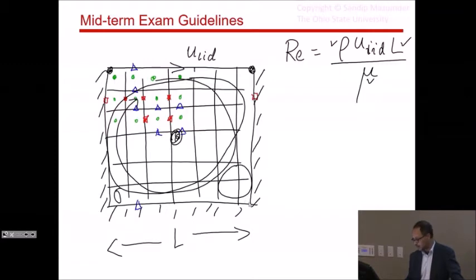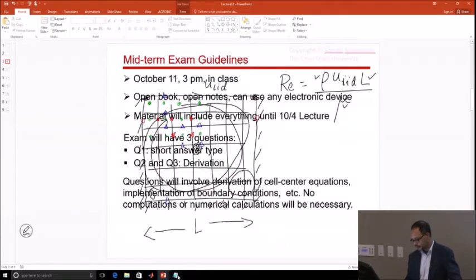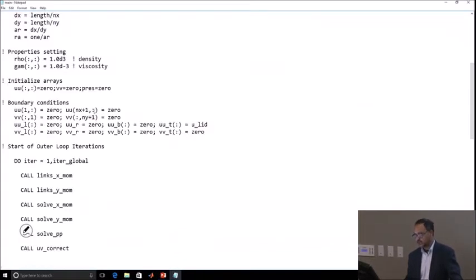Similarly, these all will have values of 0. These, well, there are no nodes there, but the V velocities there will be 0, and so on. So that's what we are doing here, setting my nodal values appropriately, as well as setting my boundary conditions. So I'm saying the left velocities are all 0, the right velocities are all 0, but the top velocity is equal to U lid.